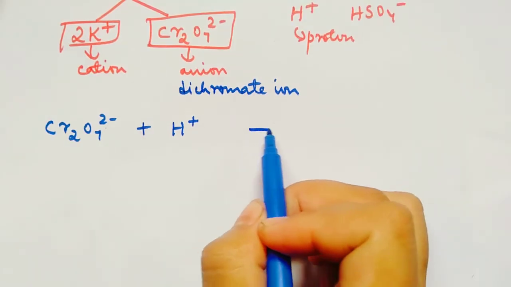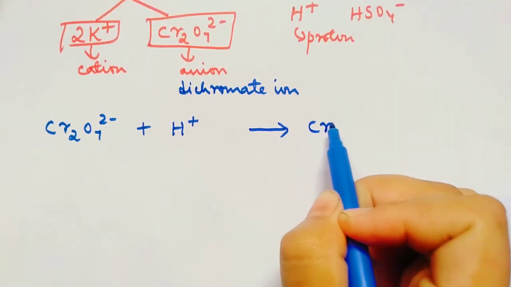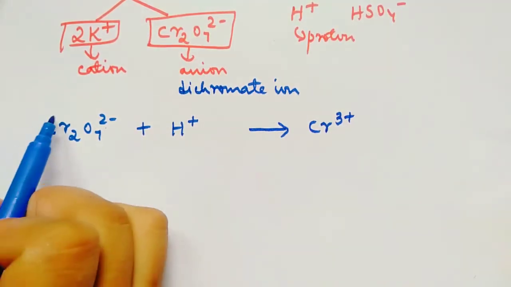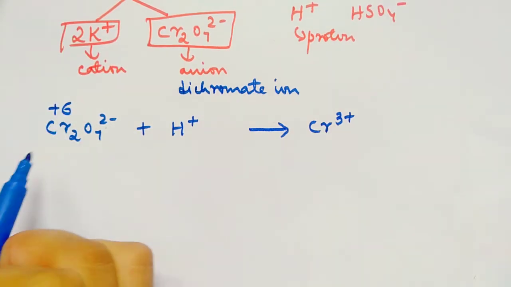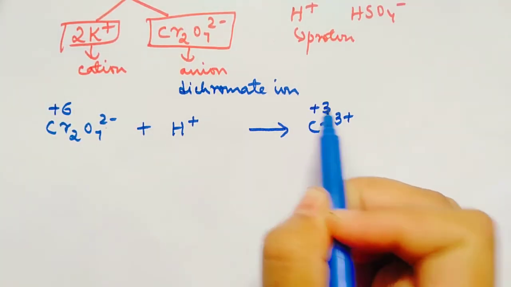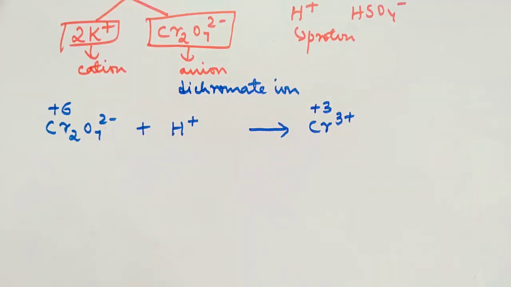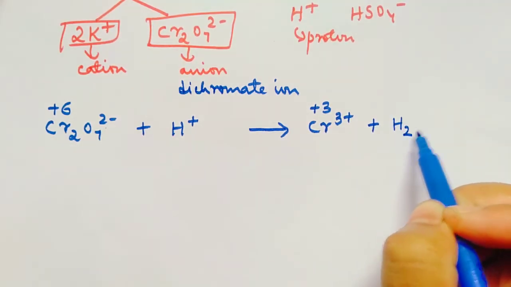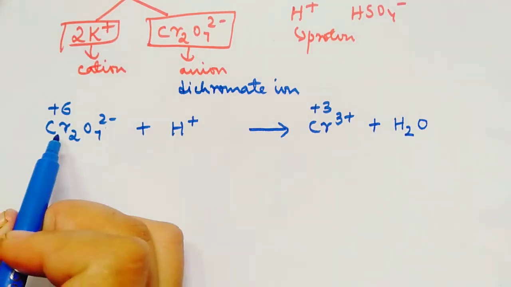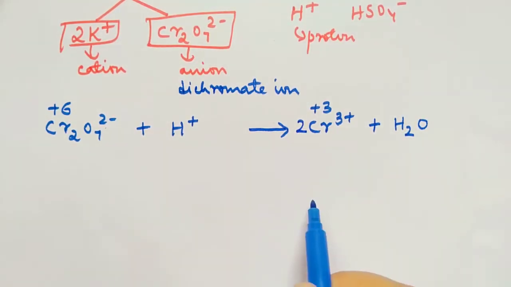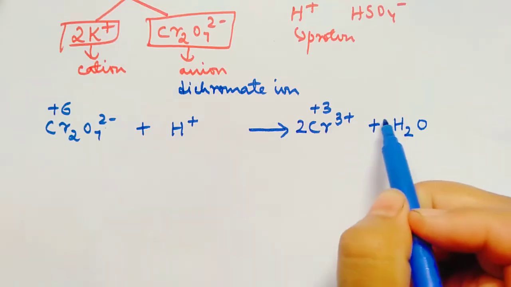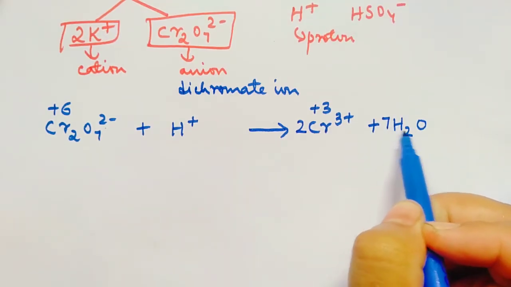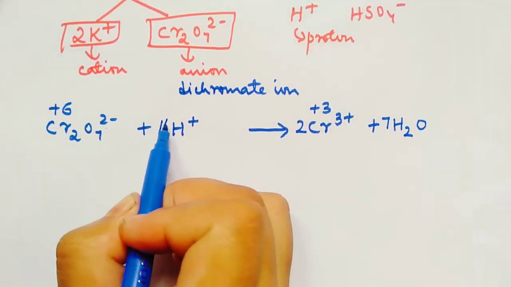So you get Cr3 plus. From +6 oxidation state, we have the +3 oxidation state. That means reduction takes place. That's why potassium dichromate acts as a very strong oxidizing agent in acidic medium. And you have a water molecule. Now you balance this one. Here you have to multiply by 2. Here you have 7, so it should be 7. 7 into 2, 14, so you have 14.